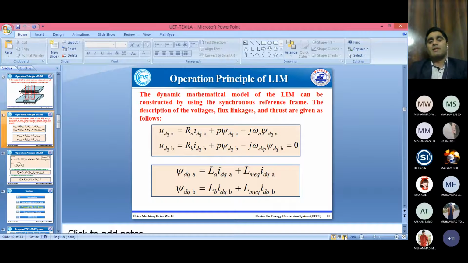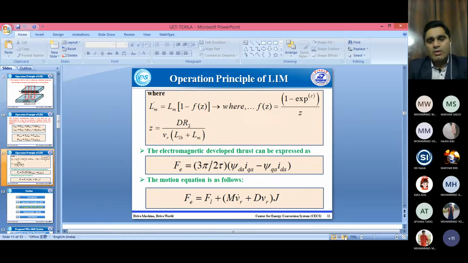The dynamic mathematical model of LIM can be constructed by using the synchronous reference frame. The description of voltage, flux linkage and thrust are given here. These are the equations in D and Q form of the linear induction machine. This is the mathematical model for the LIM.